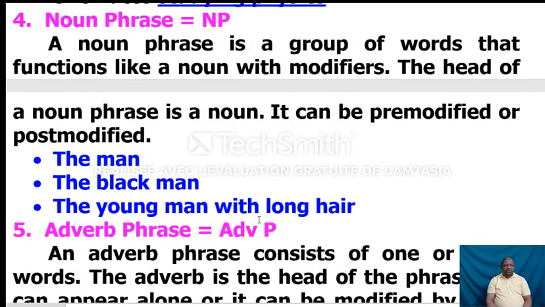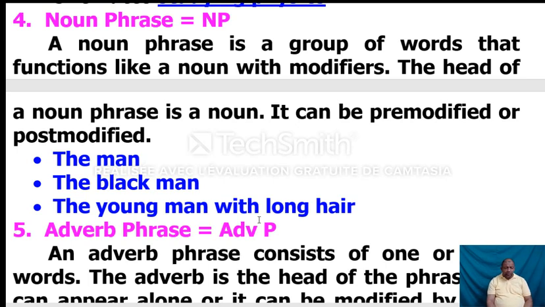The first example, the man. So the head is man, preceded by a definite article. The black man, preceded by two words: definite article, the, and black, adjective.